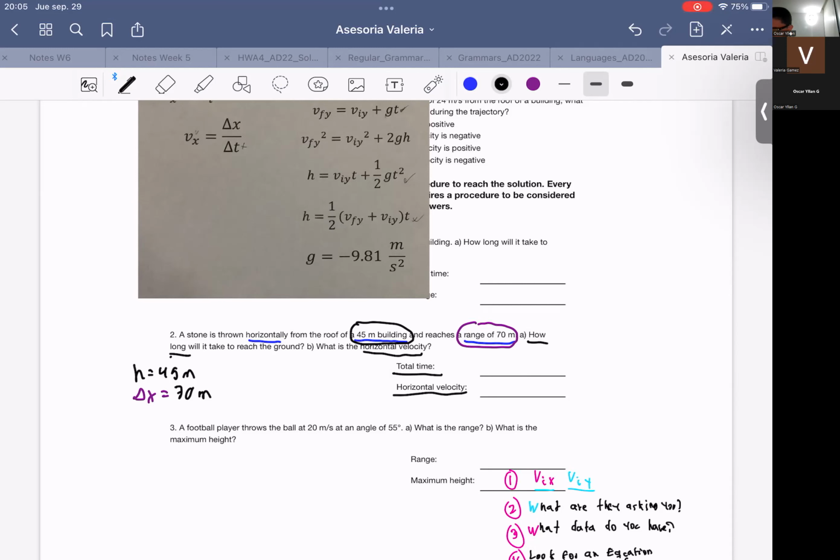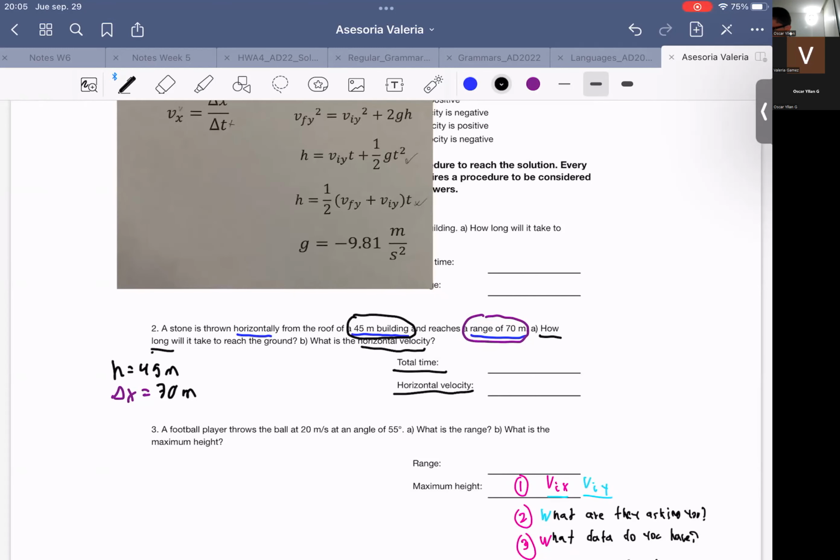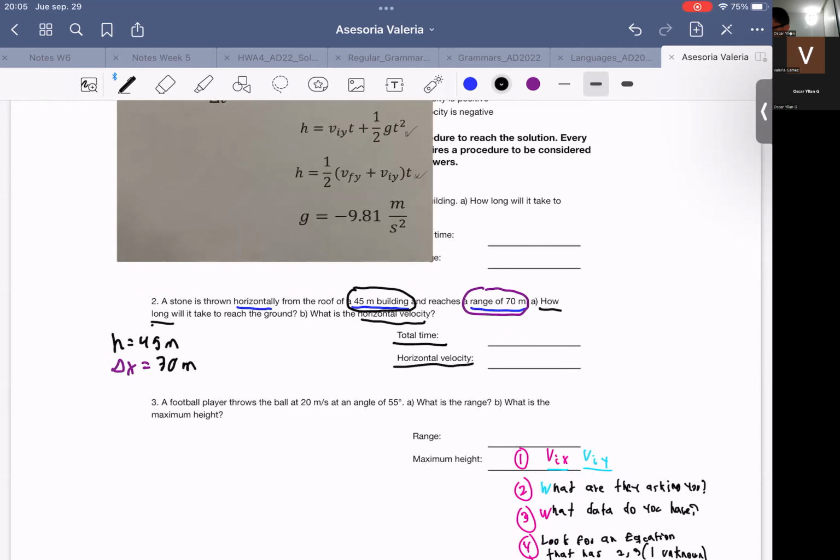If we try to do the first step, the vix, we don't know it, right? No. That's why it's asking you for the horizontal velocity, so we cannot get this one. But can we get the viy? What do you think?